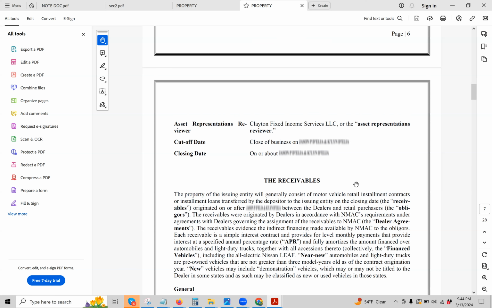From the funding date, the origination date, when that loan is funded, in order for it to be properly securitized based on the regulations, it needs to be securitized within 90 days into the trust. So that's where the cutoff and the closing dates come in. That's why that's important.